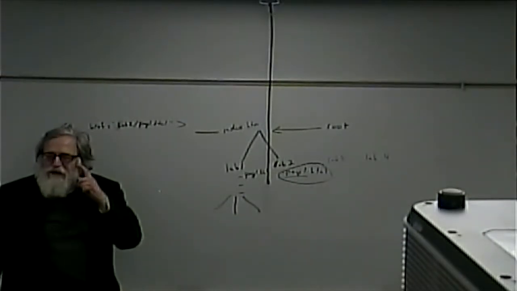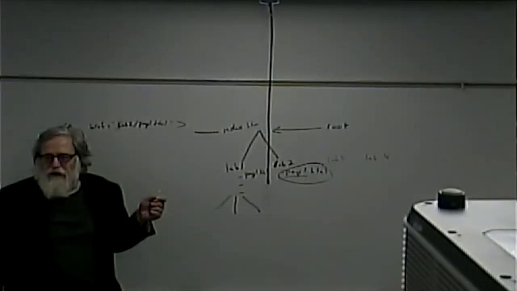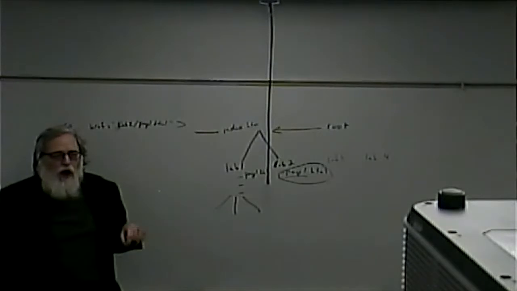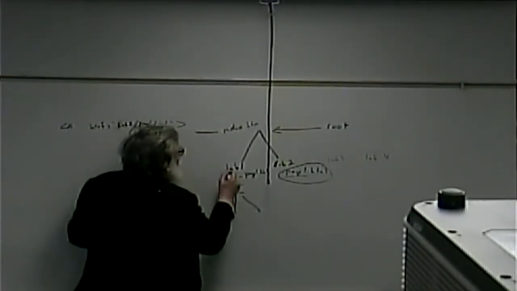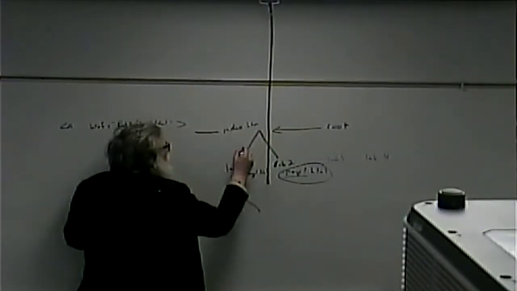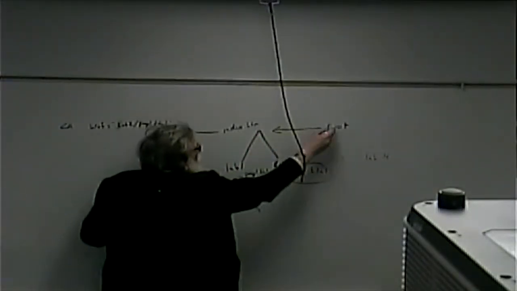Now, when you're moving the opposite direction, each child folder only has one parent. So, from here to get up to there, I don't have to know the name of this folder.